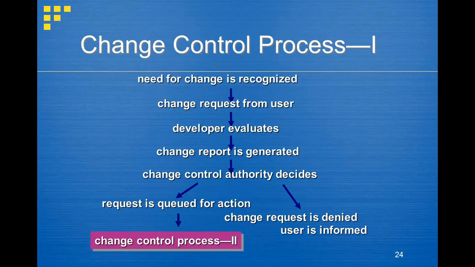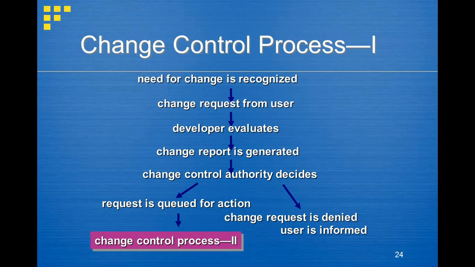So here this is the data flow process of change control. We need a change that is recognized, a change request from the user, then the developer evaluates the change taken from the user, a change report is generated, and the change control is taken from the senior authorities.